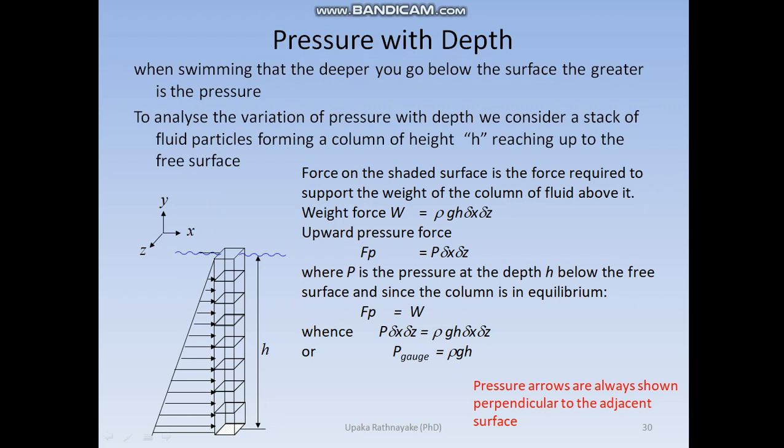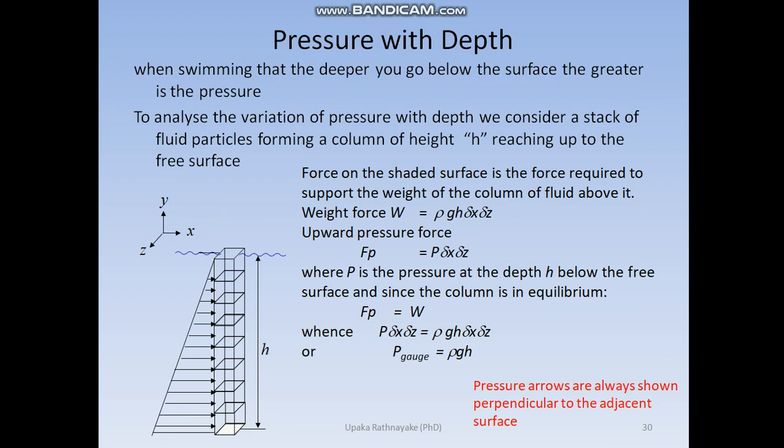Let us find the upward force acting on this plane. It is the pressure force. Suppose the pressure is P acting on delta Z, delta X area. So the pressure force is P delta X delta Z. Now if it is not moving, we can equate these two forces. That gives us P is equal to rho g h.